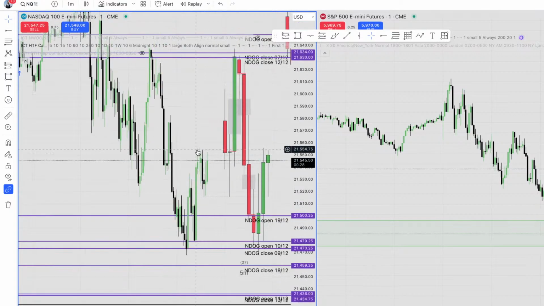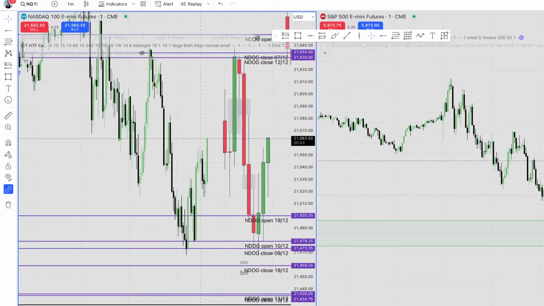If I have an SMT here, if this gets taken and ES doesn't, and then I see even an inversion fair value gap bearish or an order block bearish, I would go. Okay, stop. I don't want ES to take it if I'm planning to go bearish, but it did.